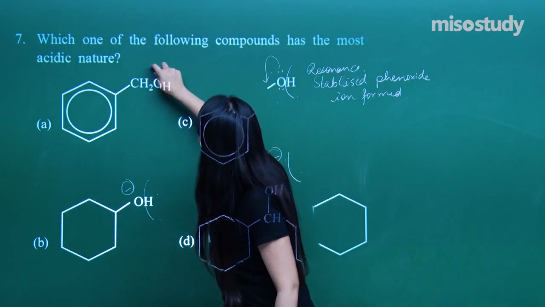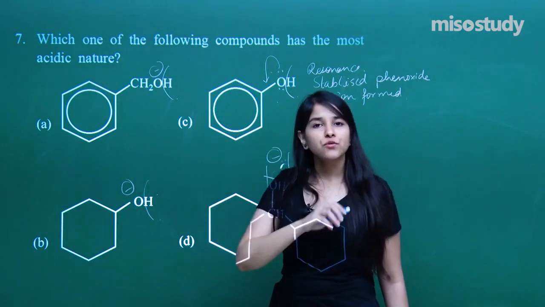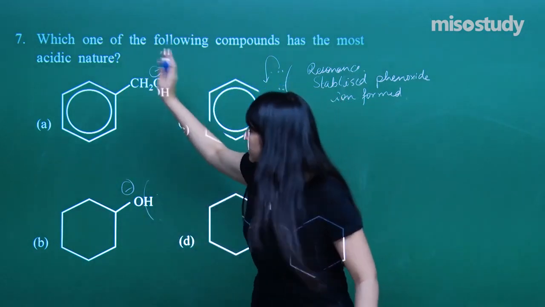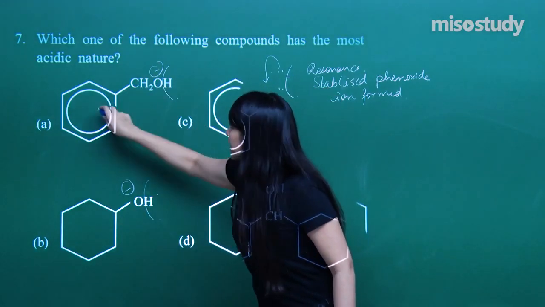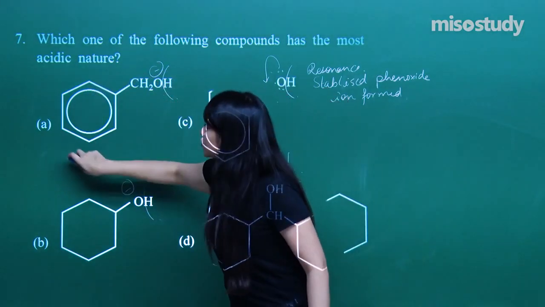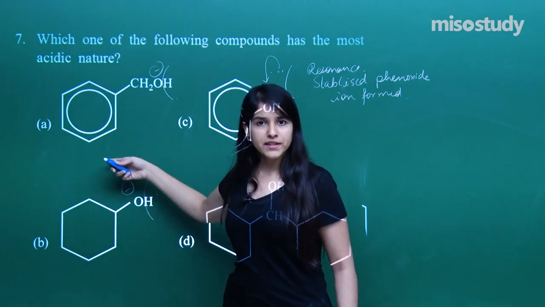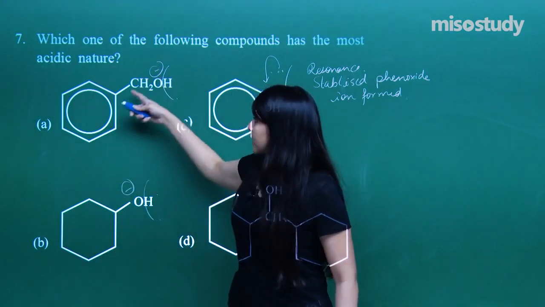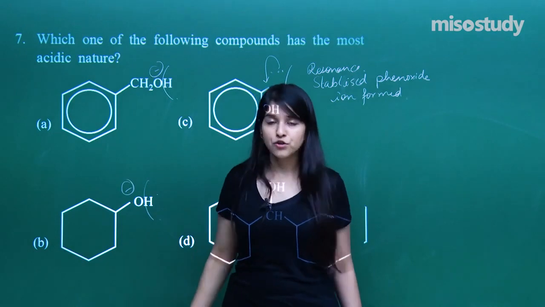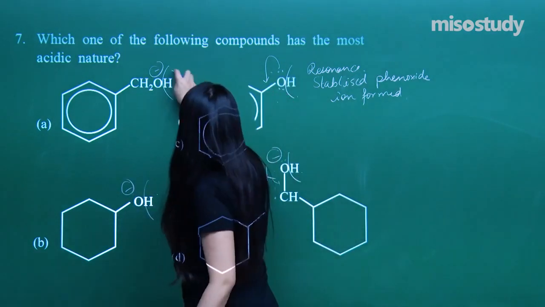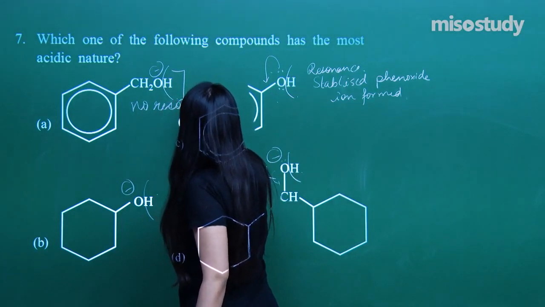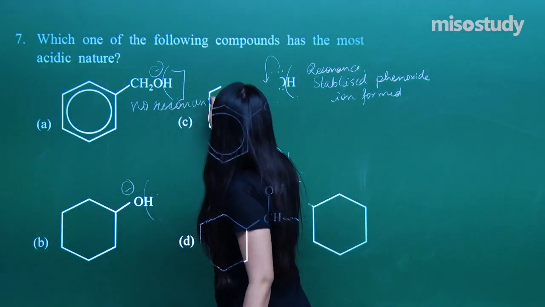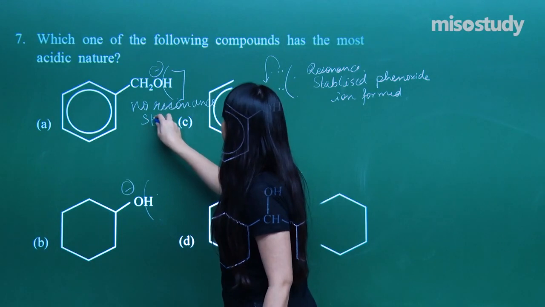If this H plus goes off, again this negative charge will not be dispersed within the ring, because there is no direct connection of this negative charge to be involved in the resonance. Although it is an aromatic ring, it cannot attract these electrons that much for the resonance stabilization. So here there would be no resonance stabilization.